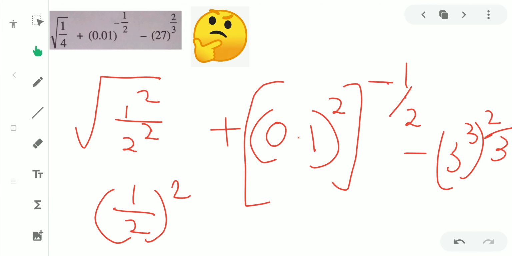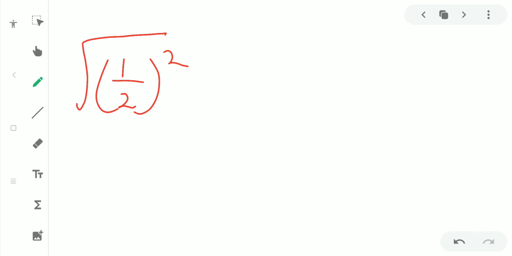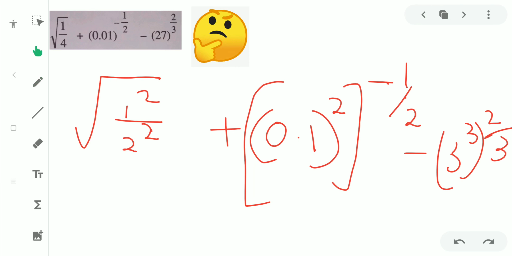So you are having 1 by 2 whole square plus 0.1, I will write it on the other page, root over 1 by 2 whole square plus 0.1 whole square into minus 1 by 2.